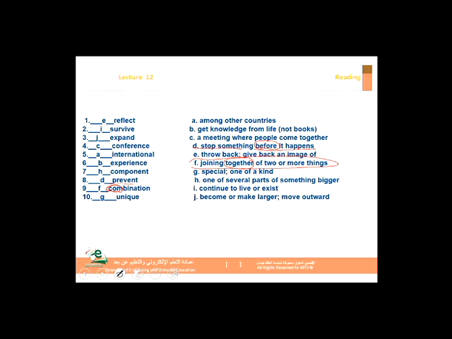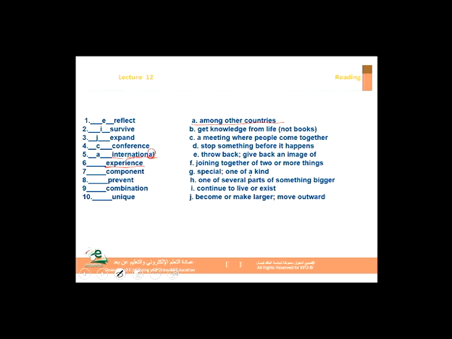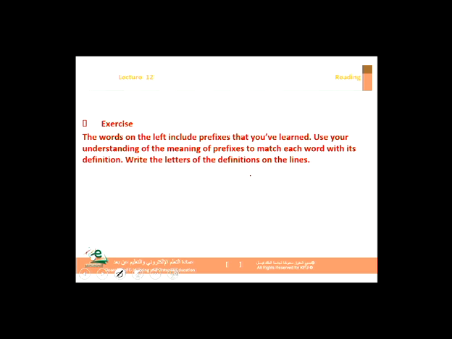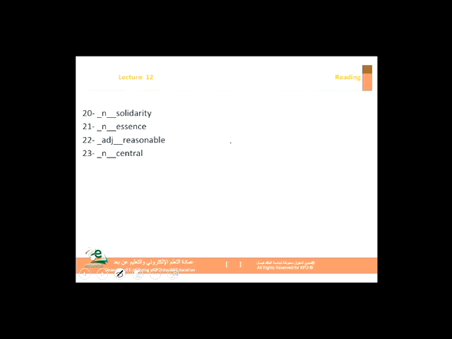And then we are left with the last one, uni, which means one, and the answer is special or one of a kind. All right, so just to revise very quickly, we used our knowledge of prefixes and suffixes to match the words with their meanings.